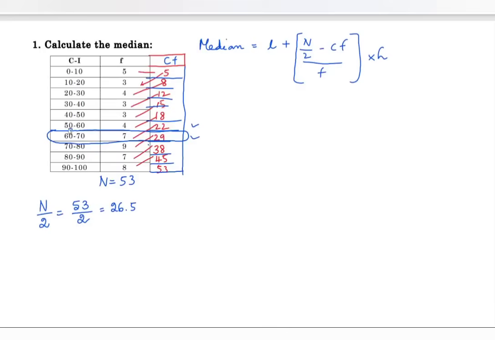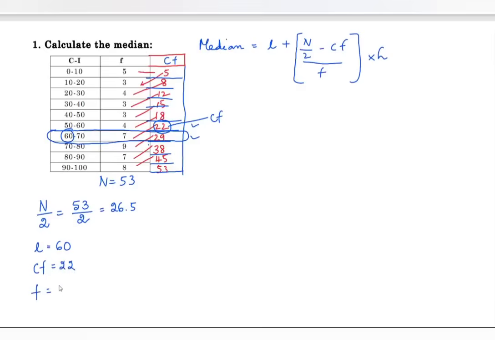Here, what is the lower limit? Lower limit equals 60. What is the cumulative frequency? Cumulative frequency will be 22. The CF above the median class gives the CF value, that is CF equals 22.